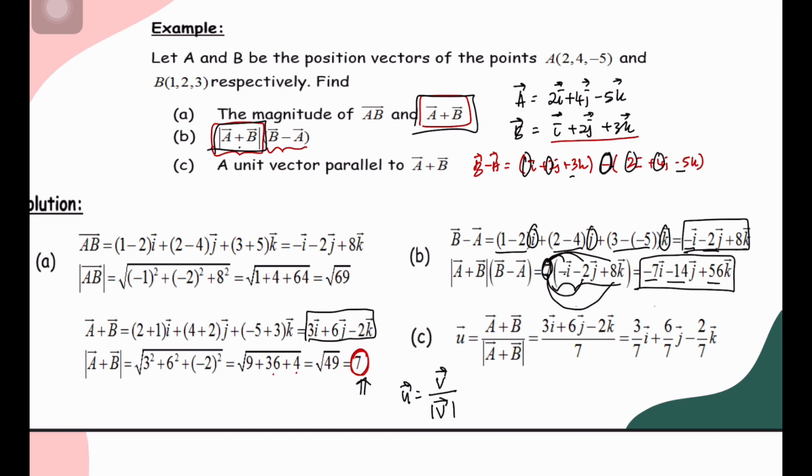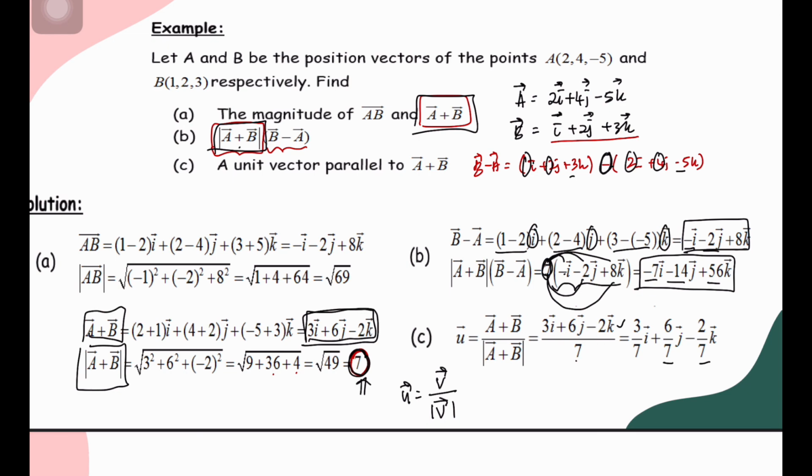You already have the vector A plus B and its magnitude, so you just use these. This is the vector 3i plus 6j minus 2k divided by its magnitude, which is 7. Therefore, you will have 3 over 7 i plus 6 over 7 j minus 2 over 7 k. So this is the unit vector for A plus B.